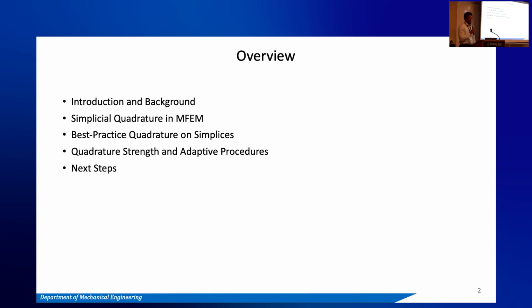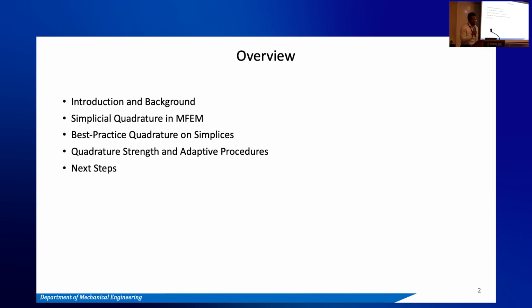All right, so here's a brief overview of my talk. I'll be giving an introduction, some background about quadrature. We'll be talking about primarily simplicial quadrature, although I will say some controversial things about quadrature on cubes as well. So don't worry. If you're not offended yet, you will be offended later.